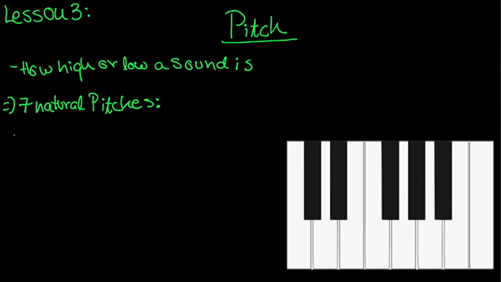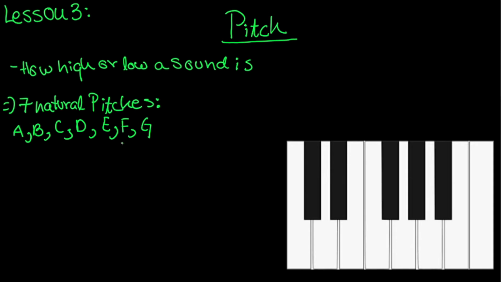So that would be A, B, C, D, E, F, and G. And these are all pitches, by the way. All keys on the piano, all pitches. And these are the first 7 letters of the alphabet.